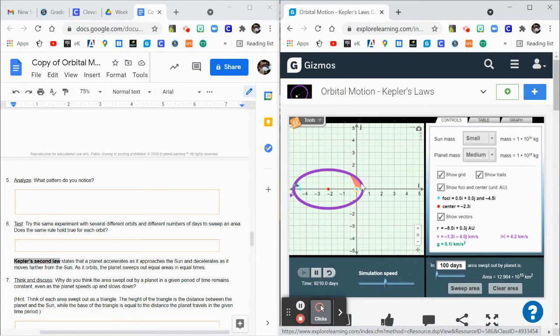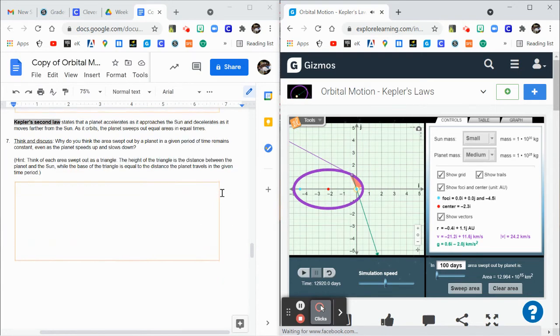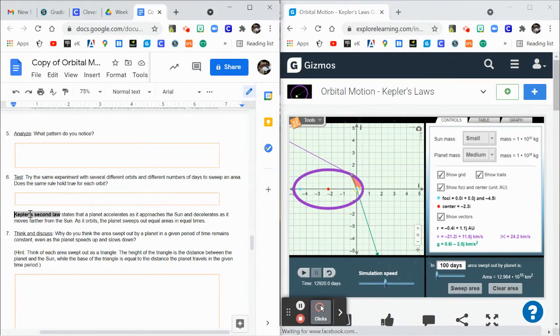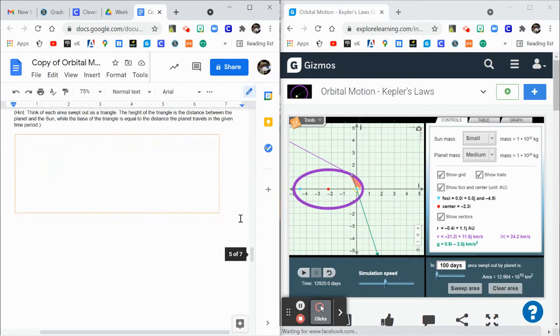And this is how much it moved, right? In that time frame, right? And so this is how we know that the planet is accelerating, because it moves faster as it comes closer to the sun. Okay. So this is Kepler's second law.